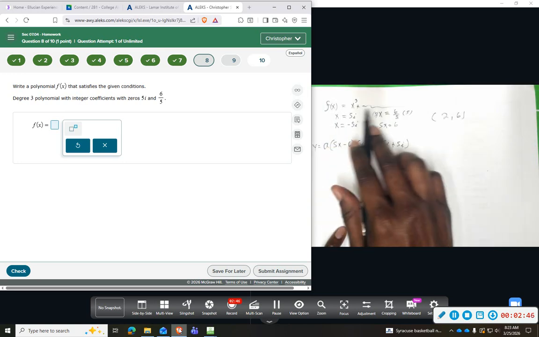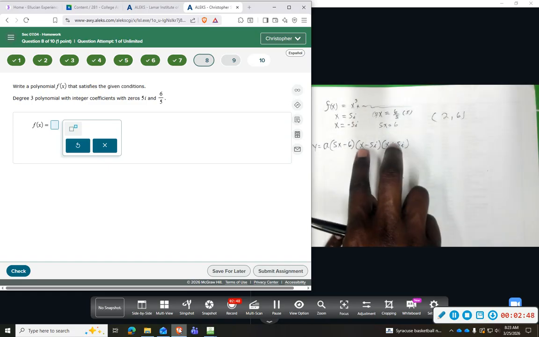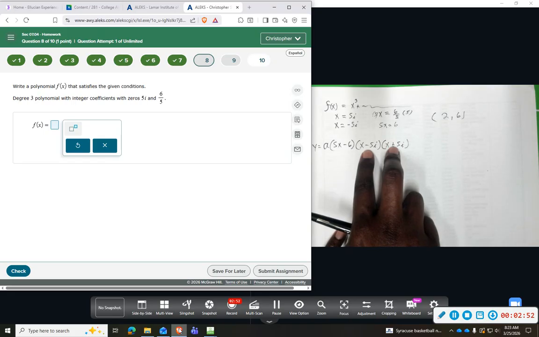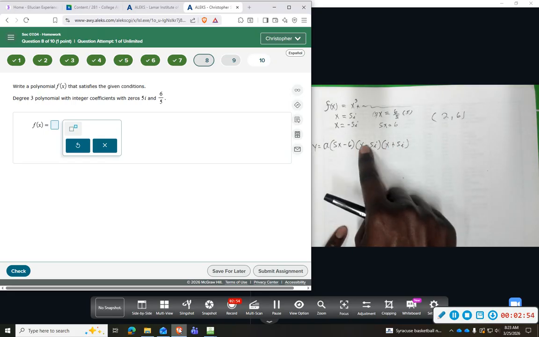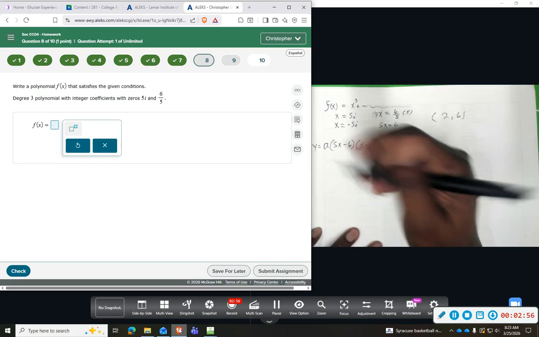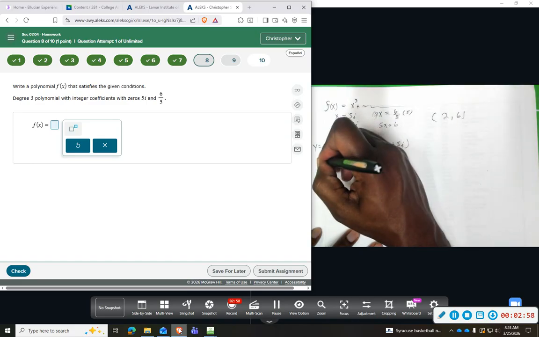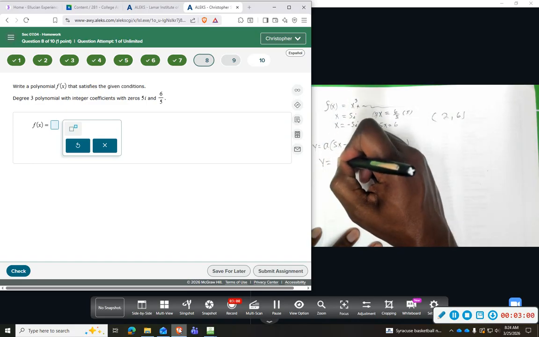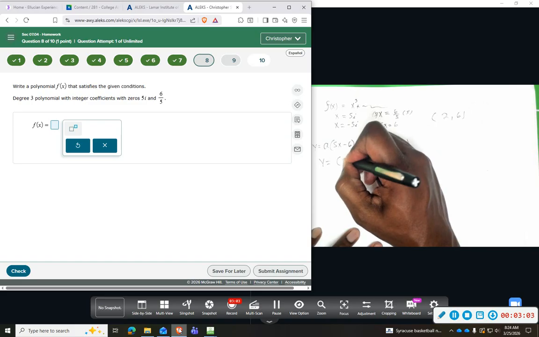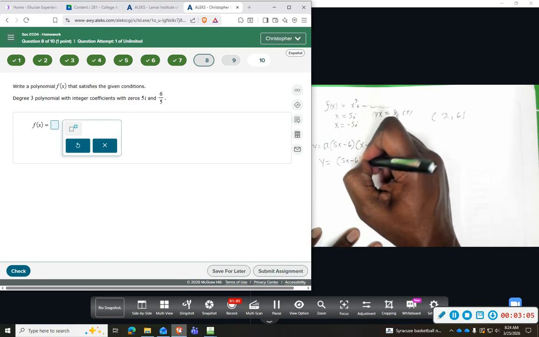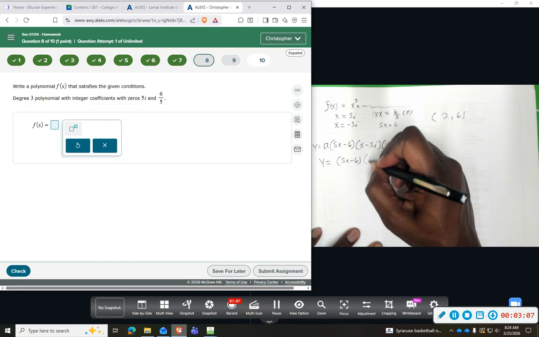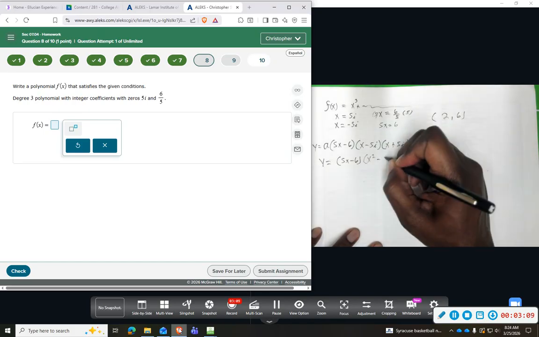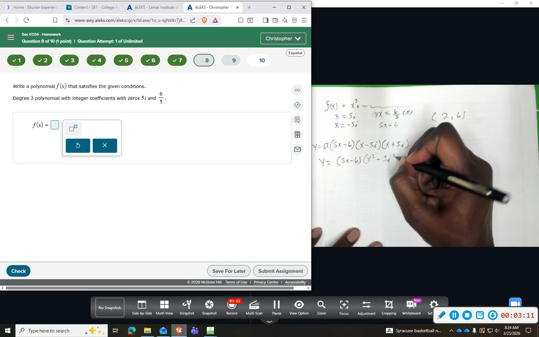However, I'm going to multiply this out and get an x to the third. Difference of squares here, so I'm going to multiply these two together first. It's going to give me x squared minus this term squared. This is going to give me x squared minus 5i squared.